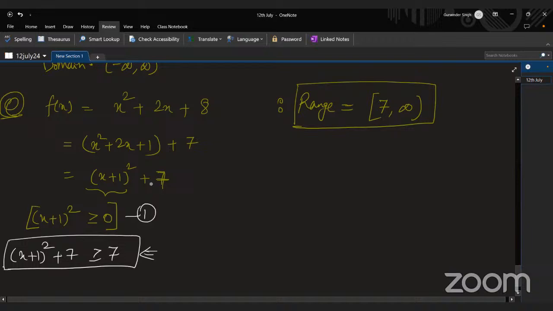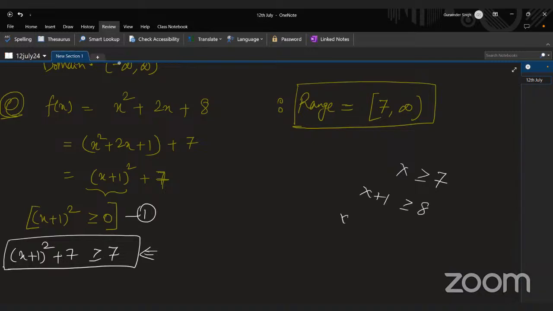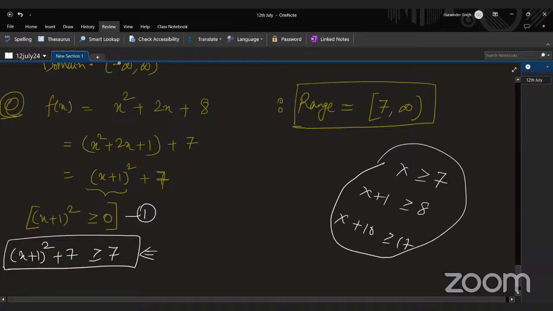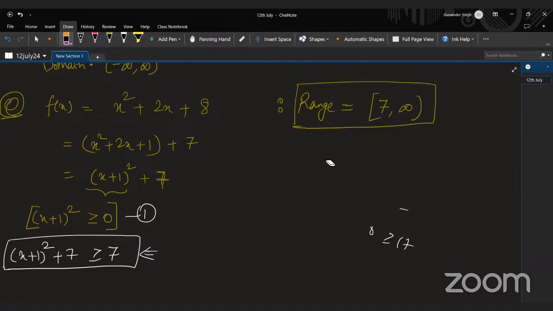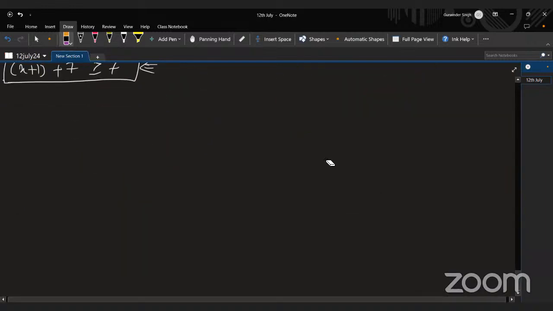I can add a number on both sides of an inequality. If I tell you x is greater than 7, I can also say x plus 1 is greater than 8. I can also say x plus 10 is greater than 17. If there is an inequality, I can easily add numbers to both its sides. Correct? Yes, sir. Okay, great.